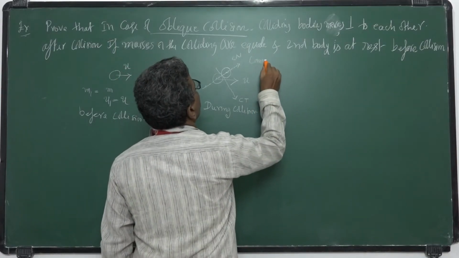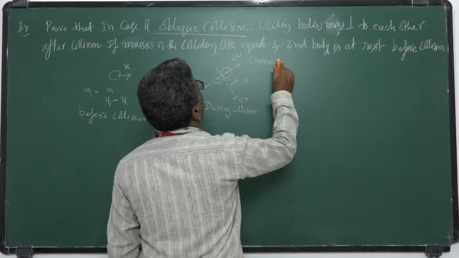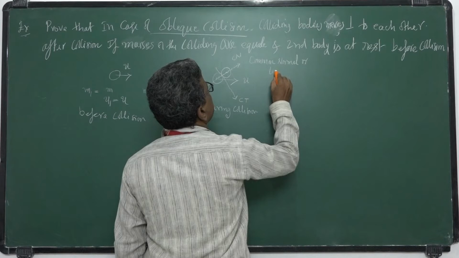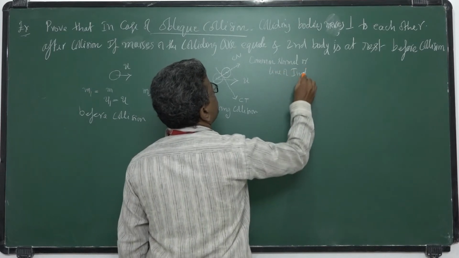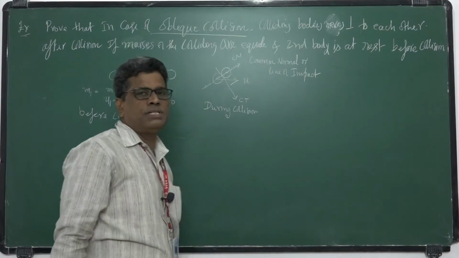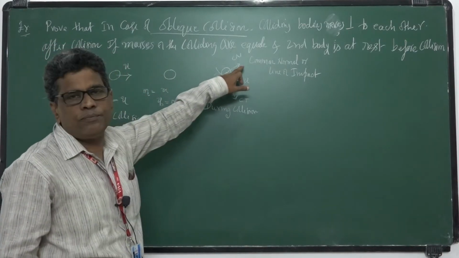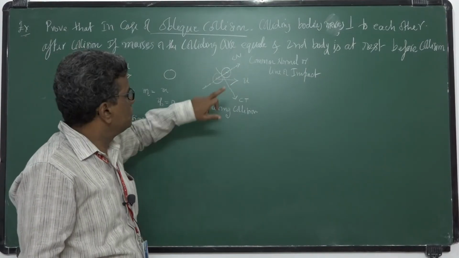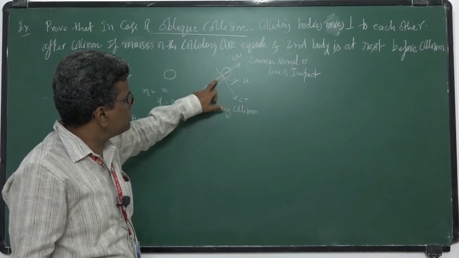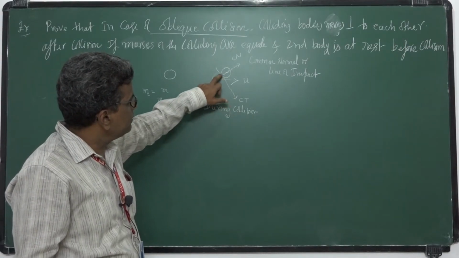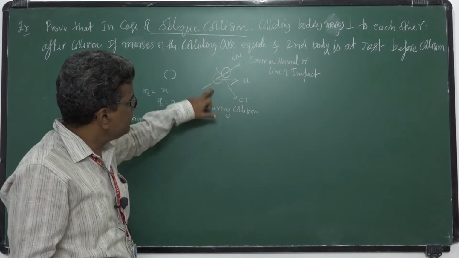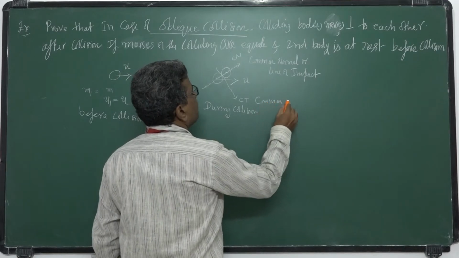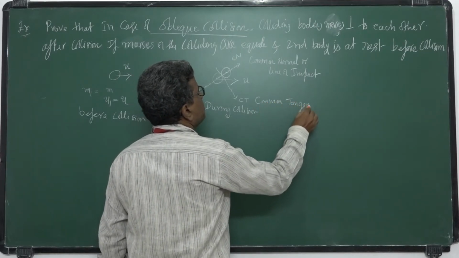Common normal, or we can call it as line of impact, on which impulse acts. So the first one exerts impulse on the second one in this direction. So the first and second sphere, this line is the common tangent to both the spheres. What is the CT? Common tangent, tangent to both the spheres.